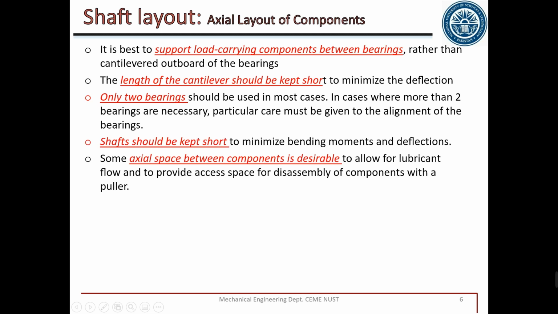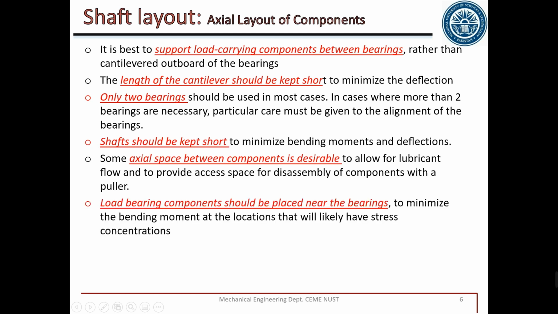Axial space between components is desirable to avoid friction, and also to avoid any contact of metal to metal components. And if the components are load bearing, for example for a cantilever beam, if we have a support here and the load is applied here, this load will cause a large bending moment if this distance is large.